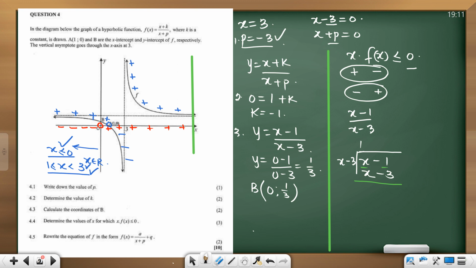Minus 1 minus minus 3 is 2. What answer? Y equals 2 over x minus 3 plus 1. But answer like this, that's what matters.